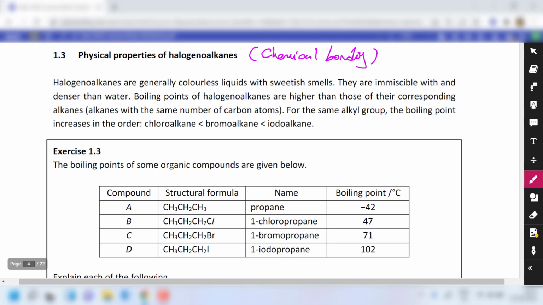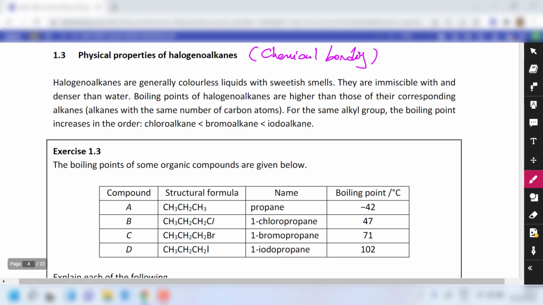So for halogenoalkanes, they are generally colorless, immiscible and usually denser than water. The boiling point is higher because they form stronger dispersion forces, or you can say stronger instantaneous dipole-induced dipole interaction, than their corresponding alkanes.